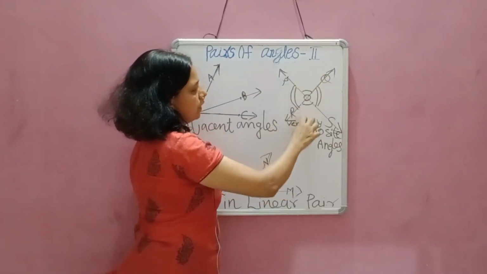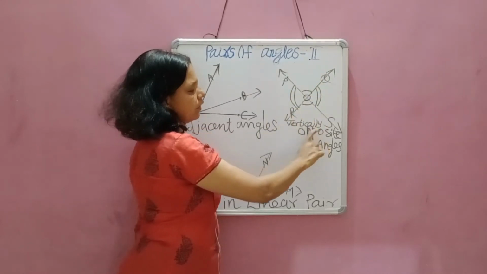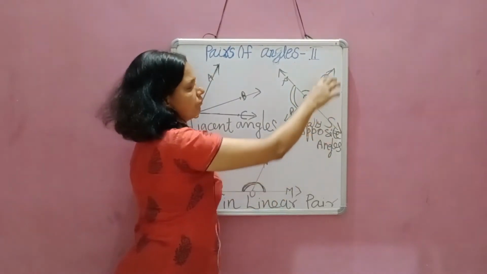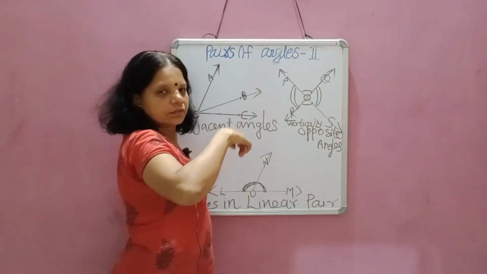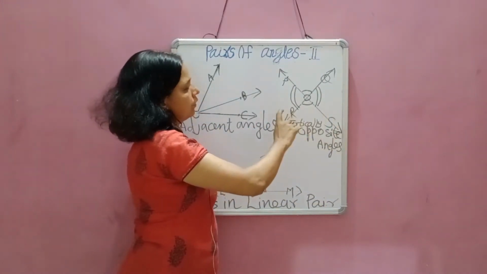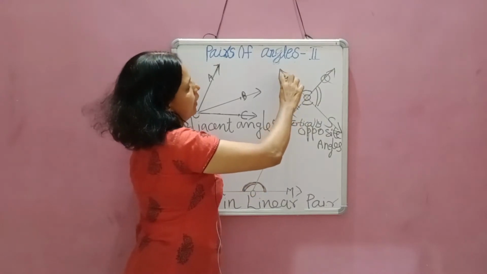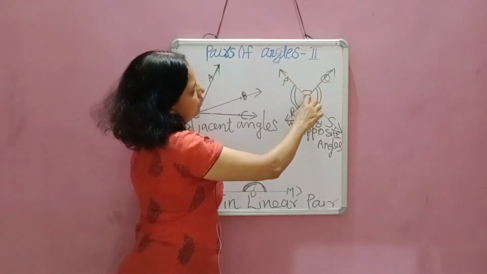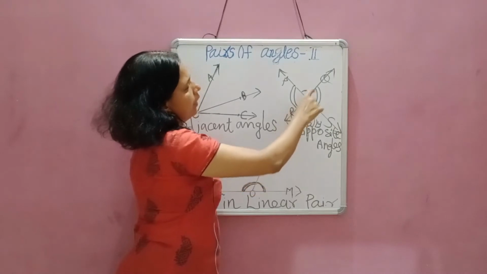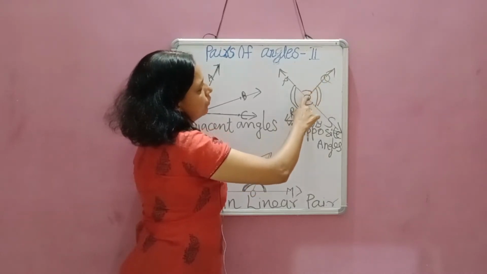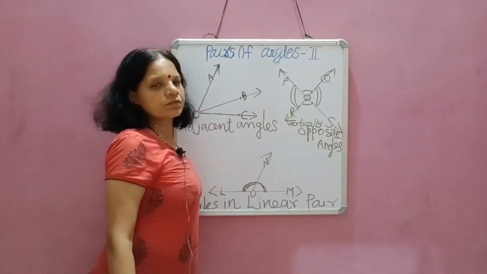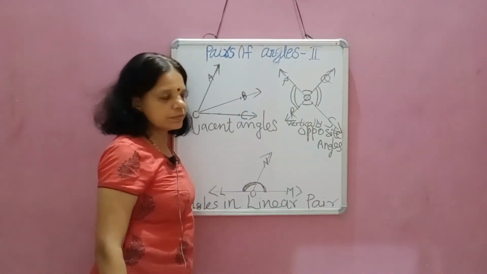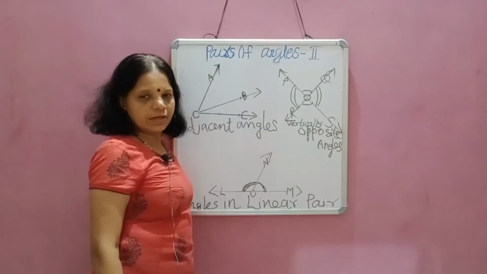They lie opposite each other. Similarly, one more pair you will get. Which are they? Angle POR and angle QOS are vertically opposite angles or simply opposite angles.